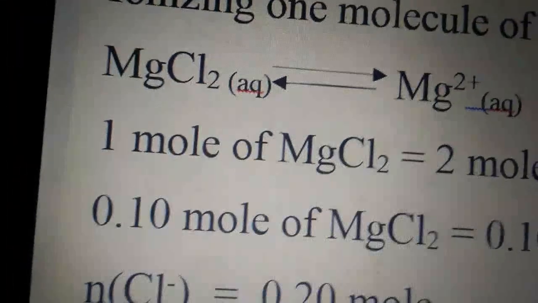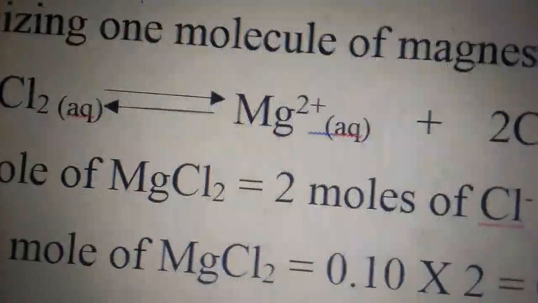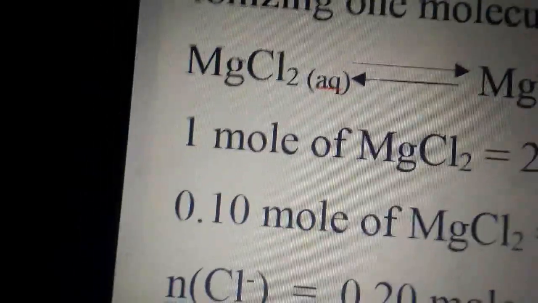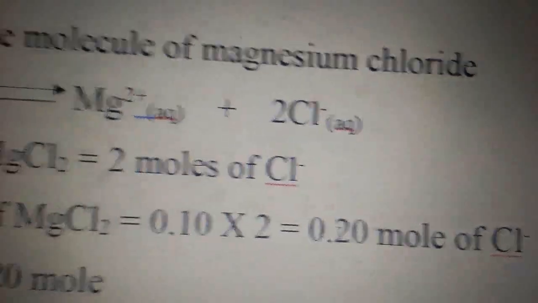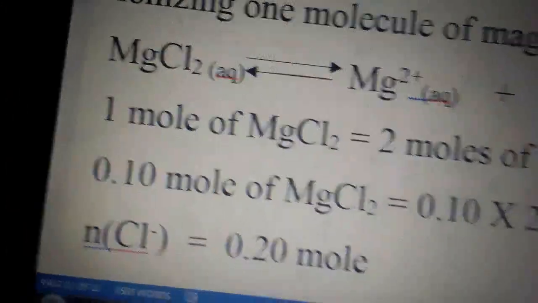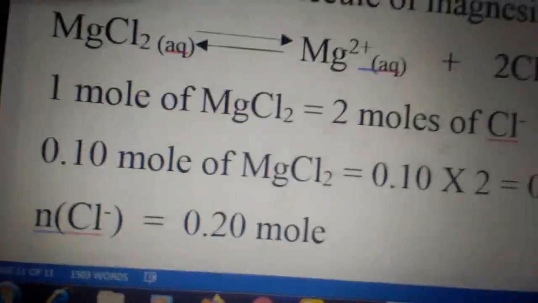Then you connect the magnesium chloride, which was given to you, to the chloride which you are looking for. You don't need the magnesium ion. So 1 mole of magnesium chloride, with the coefficient in front of the magnesium chloride being 1, gives us 2 moles of chloride ion. Therefore 0.10 mole of MgCl2. How did I get 0.10?